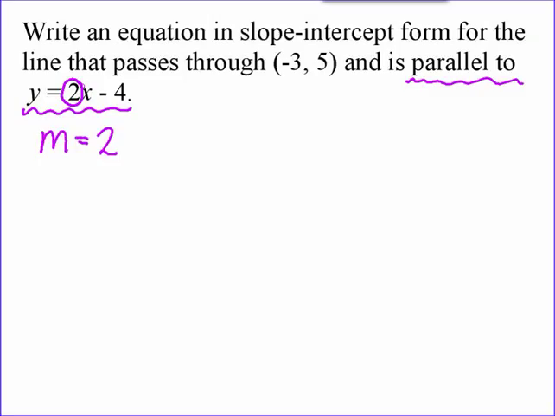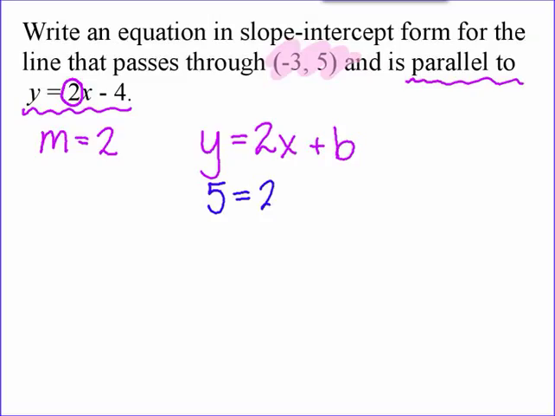And then it's going to go through this point. So if I know the slope and I want to write this in slope-intercept form, slope-intercept form will be y equals 2x plus b. What do I do with the highlighted point? Plug what in? 5 for y, good. -3 for x. And -3 for x, so good.